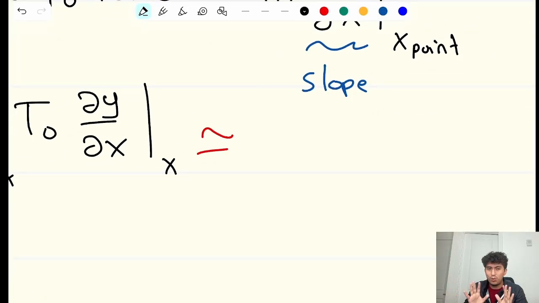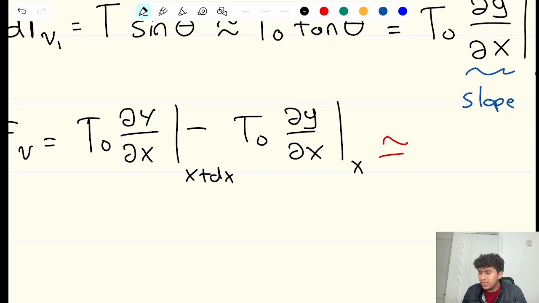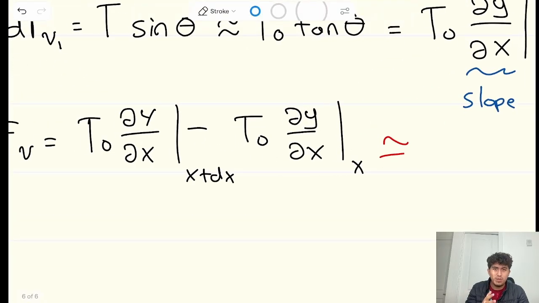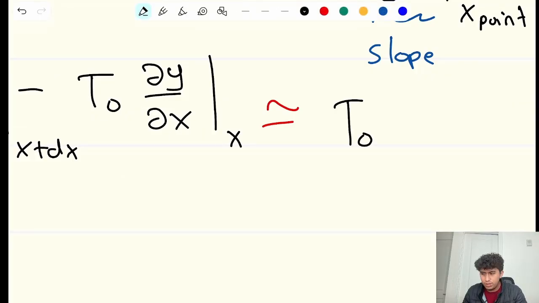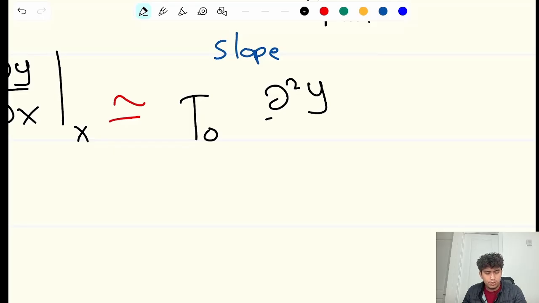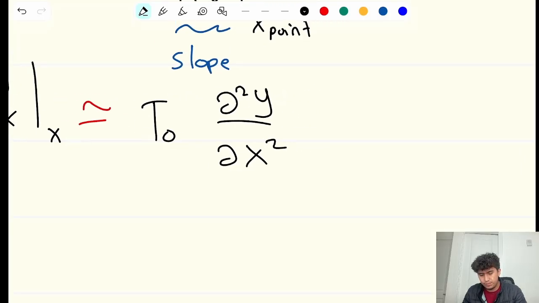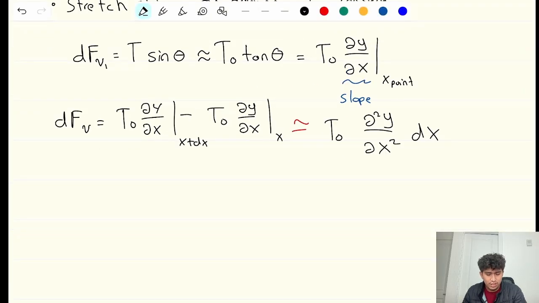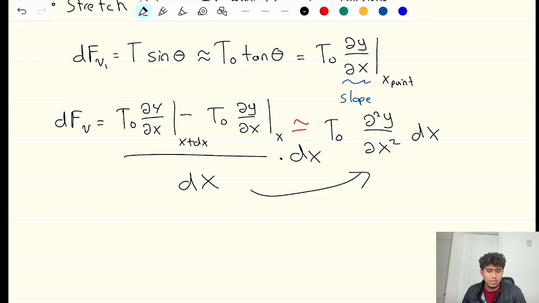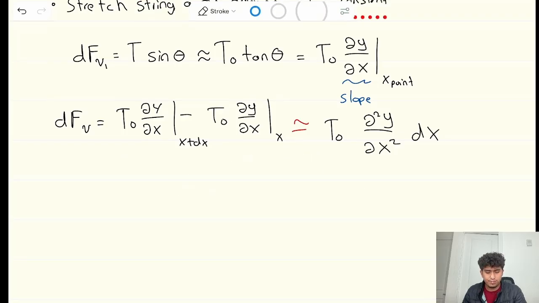This is just the definition of the second partial derivative, if you remember from calculus, which is going to be T naught times the second partial with respect to x squared, times dx. Why this dx? Because we didn't have one here, imagine dividing by dx and multiplying by dx, and then you can take the second partial derivative.